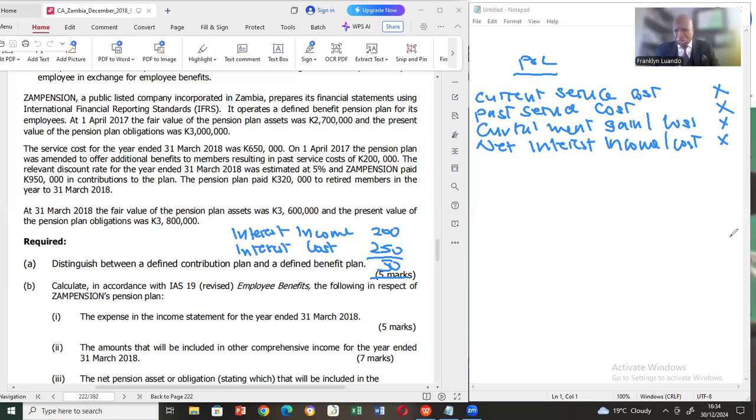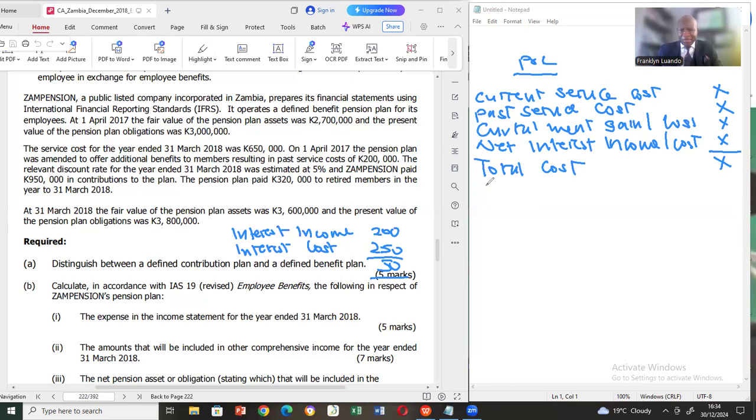So there we are going to put 50. And the total cost will be the makeup of all these components.